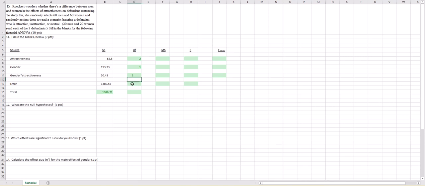So it's going to be 3 times 2 times 20 minus 1. And then it's going to add up to 119. It's going to be all the total people minus 1.